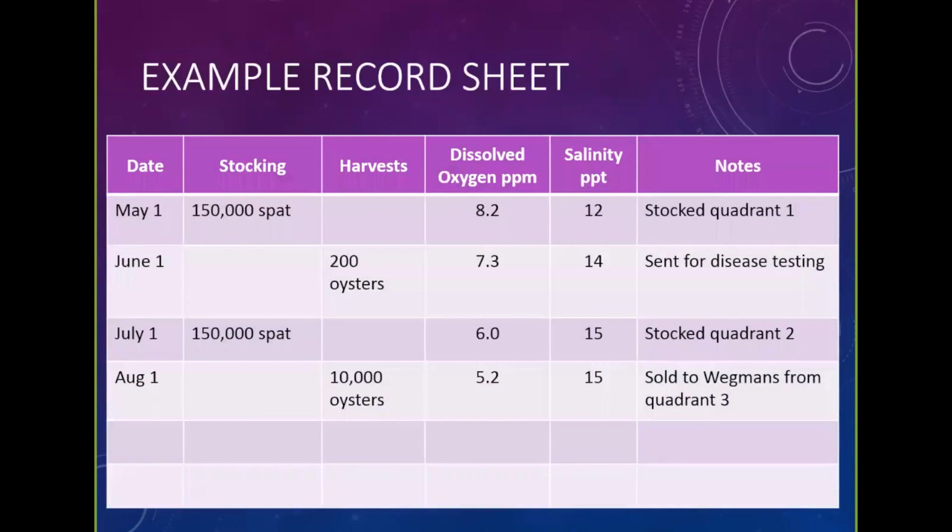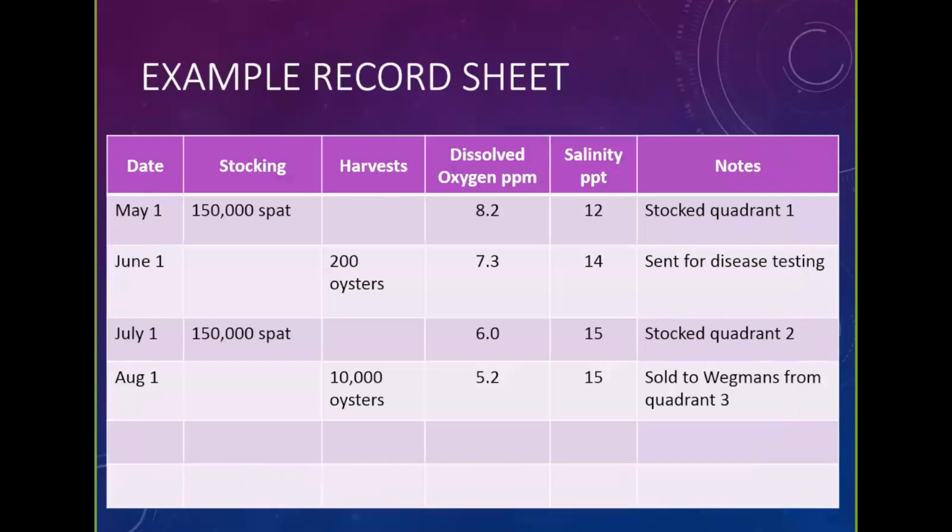So I've got just a quick example record sheet here for, say, an oyster farm or a mussel or clams or something like that, where May 1st, we stocked 150,000 baby oysters. We measured our dissolved oxygen. We checked the salinity. We put it into quadrant 1 or field 1 or whatever. In June, we pulled some out and we sent them off for disease testing.